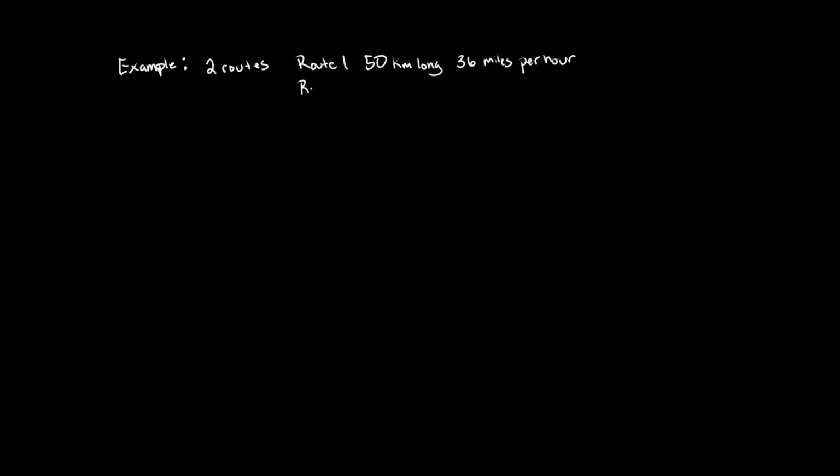Route 2 is, let's say, 65 kilometers long, but you could drive 50 miles per hour.